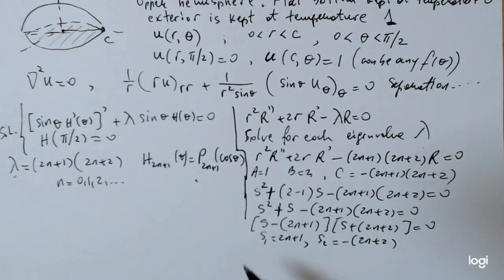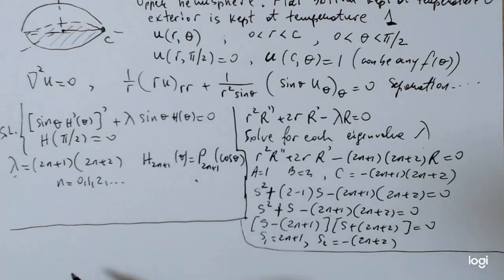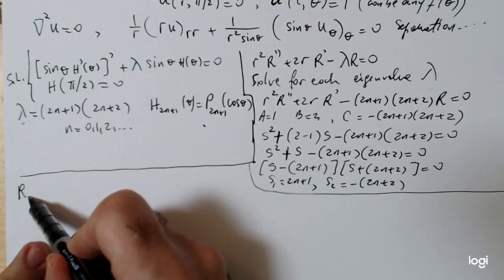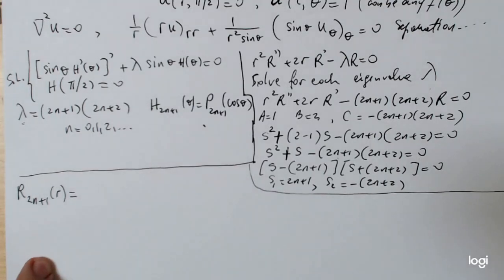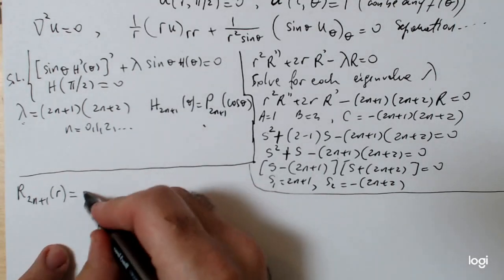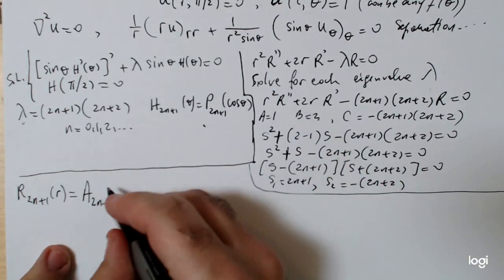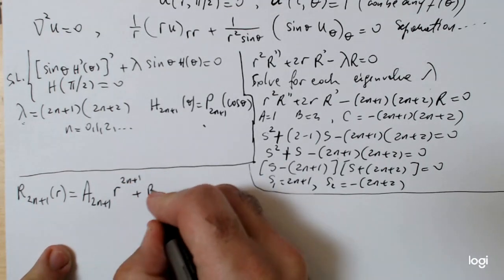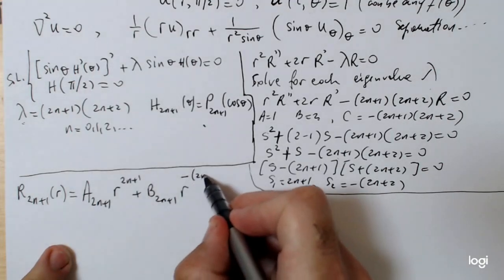So, I'm going to continue maybe here. Keep this here, and then let's continue on the left side. So the solution for big R, and again notice I index that by 2n plus 1, will be some coefficient a sub 2n plus 1, the variable of the equation is little r, so r to the power 2n plus 1, plus b sub 2n plus 1 r to the power minus quantity 2n plus 2.